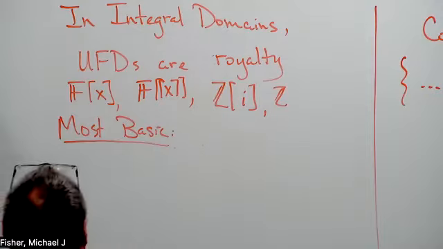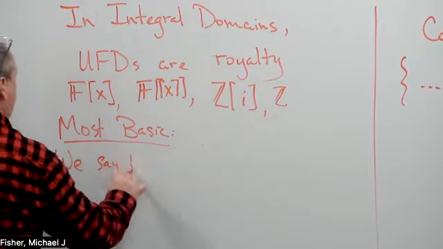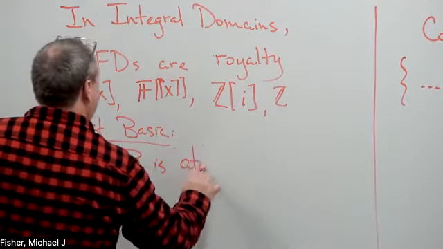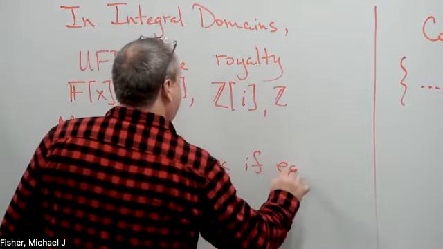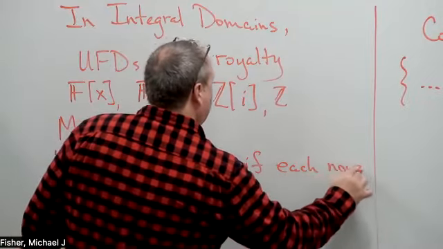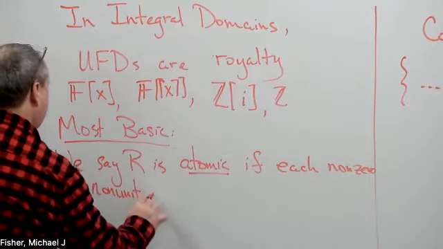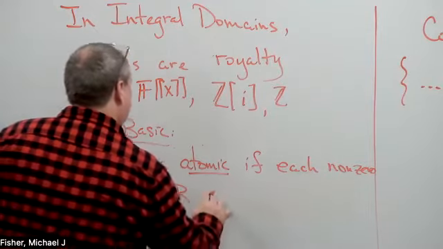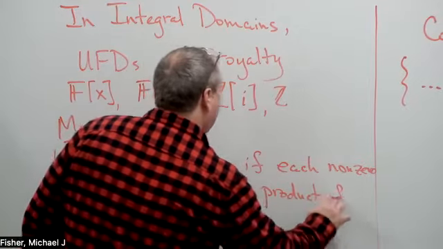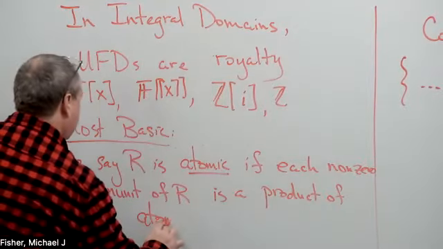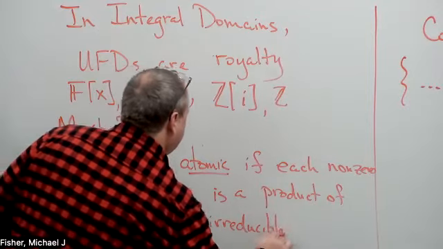So we say R is atomic if each non-zero non-unit of R is a product of atoms, and atoms are synonymous with irreducibles.